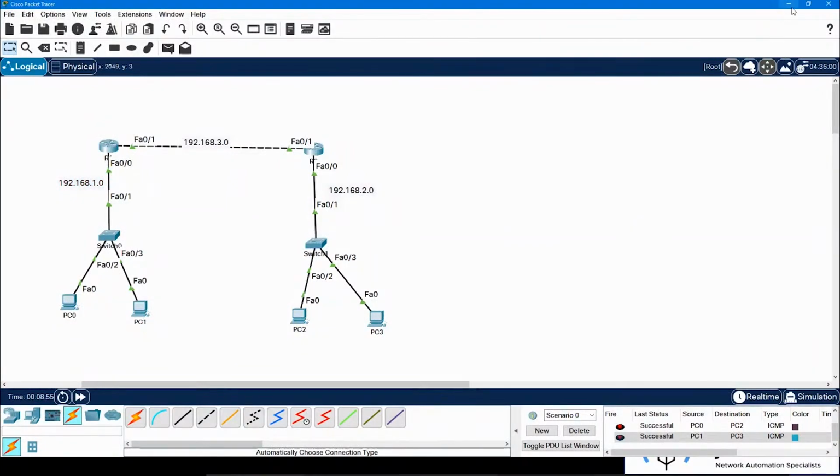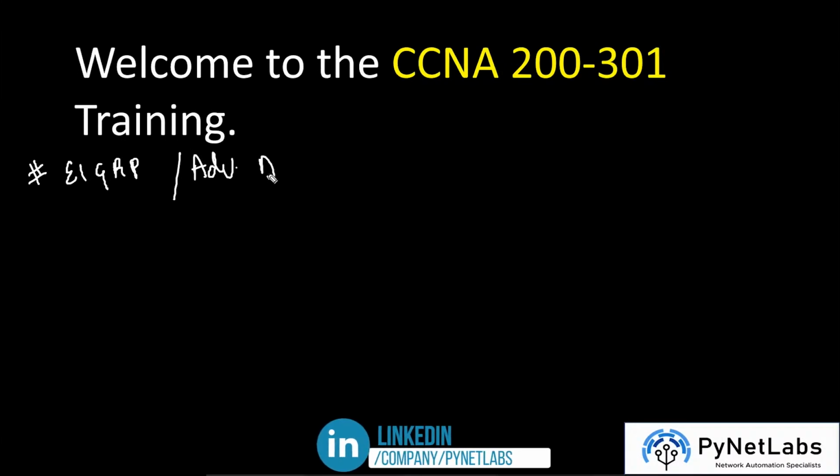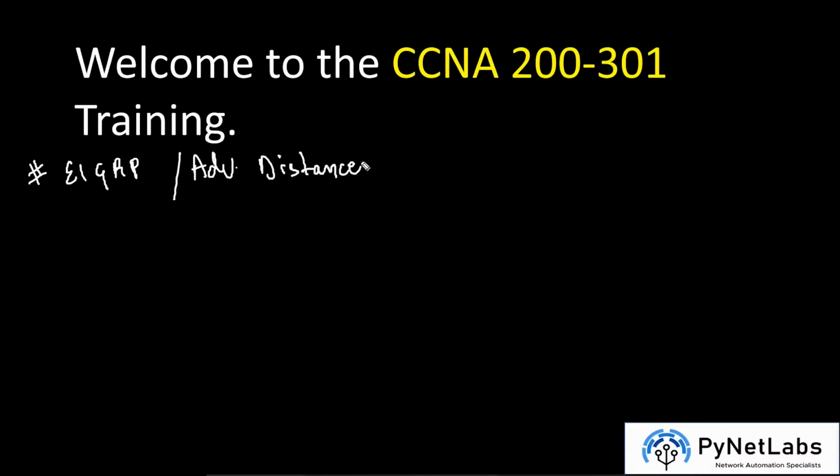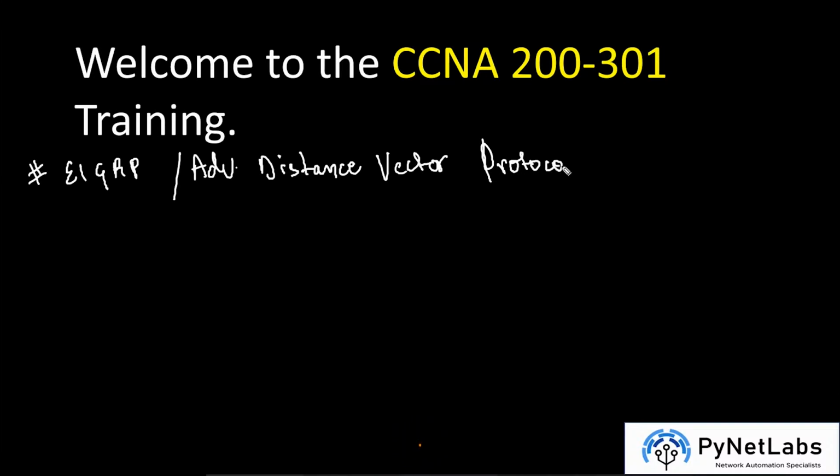Now let's understand some characteristics of EIGRP. We were discussing EIGRP, and when it comes to EIGRP, we can also call it advanced distance vector. So first of all, EIGRP was introduced by Cisco and used to work on Cisco devices only until 2013.